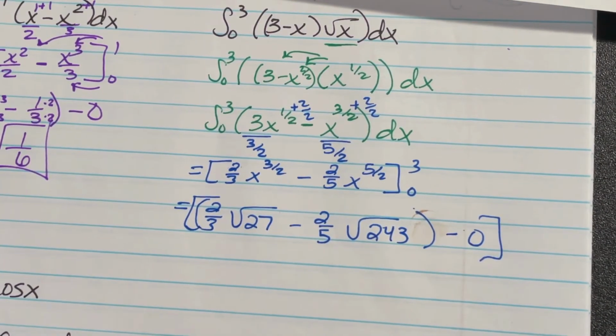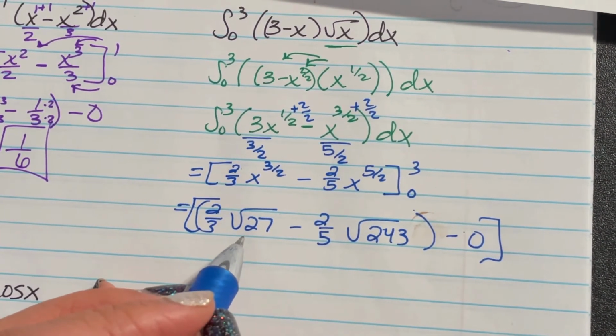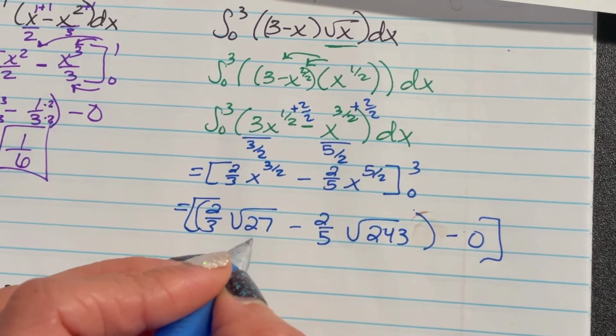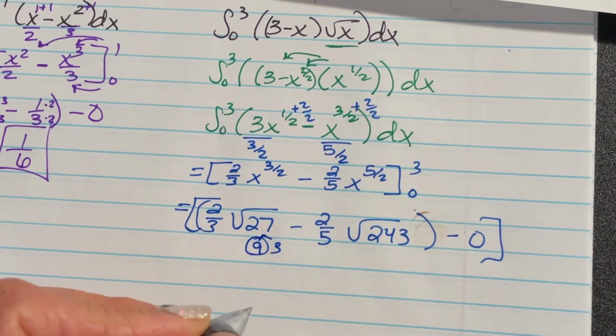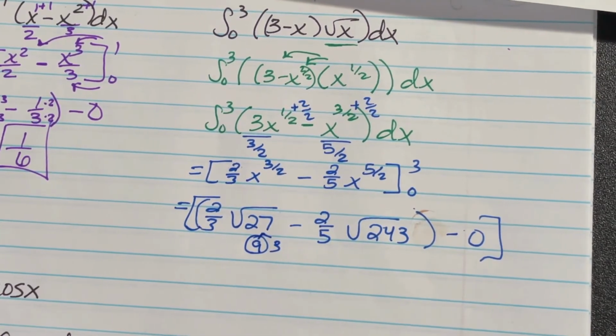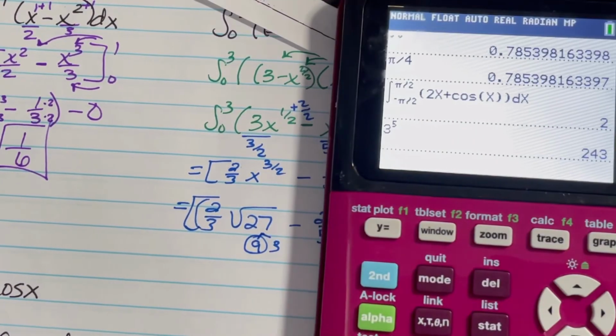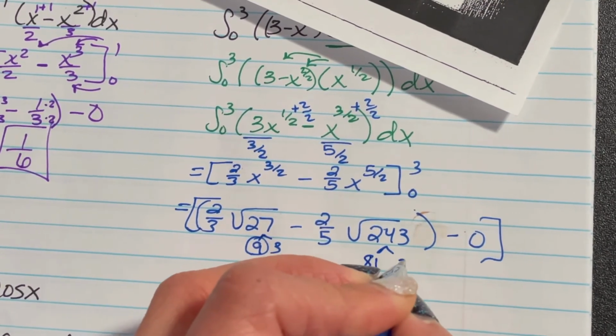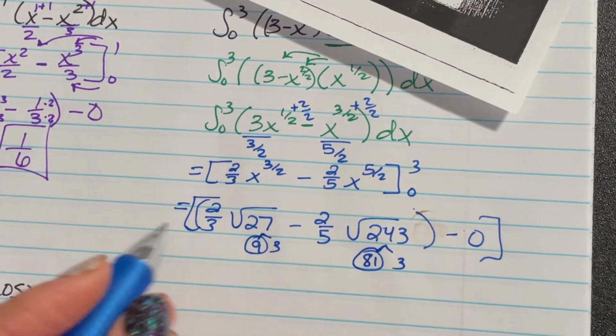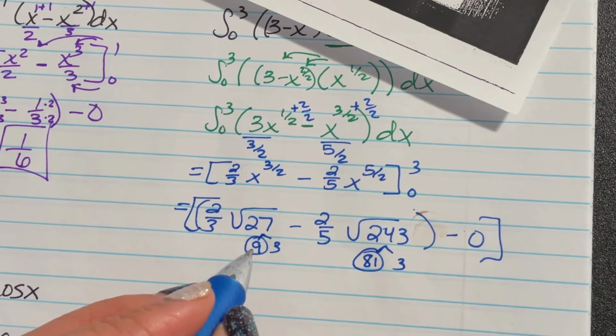Okay. All right. Can we go further? Well, 27 is 9 times 3, and 9 is a perfect square. 243, I think, because there were 5 3s, there should be an 81 in there. Let's divide it by 81, because 81 is a perfect square. Yeah, 81 times 3. Okay, so just cleaning this up. The square root of 9 is a 3.